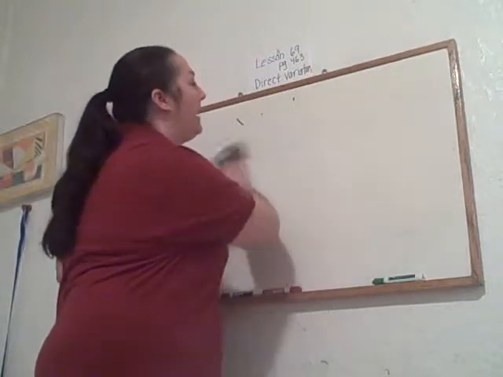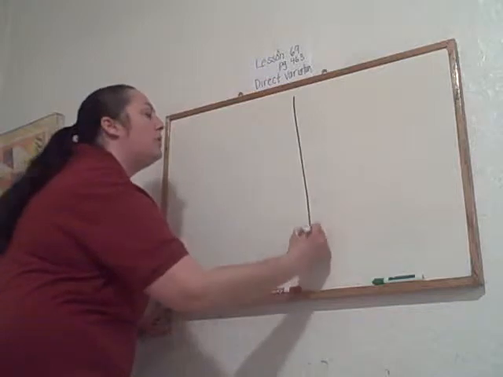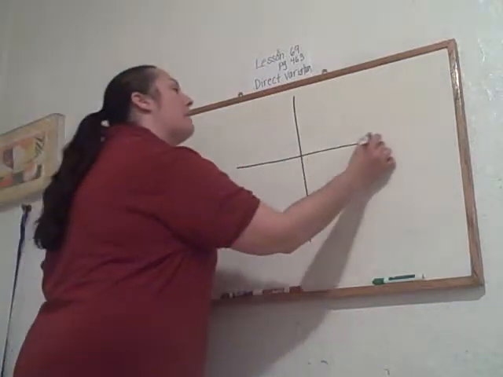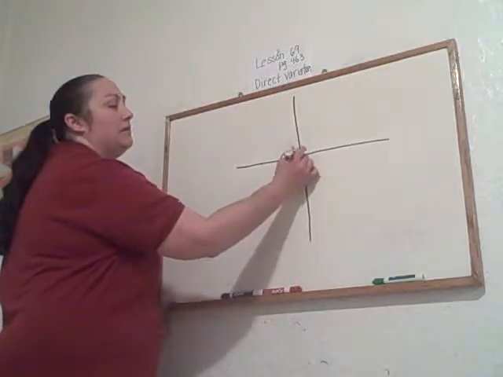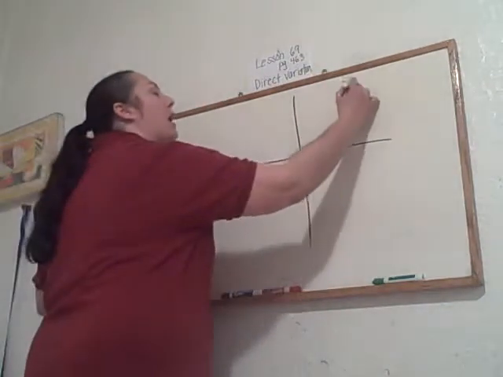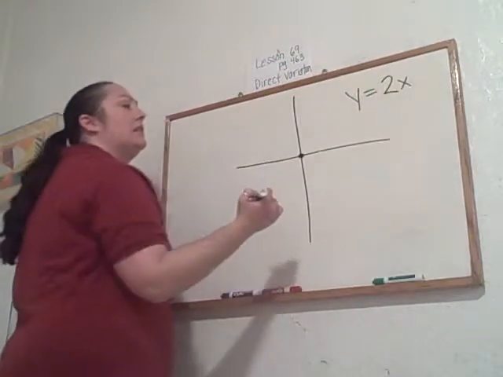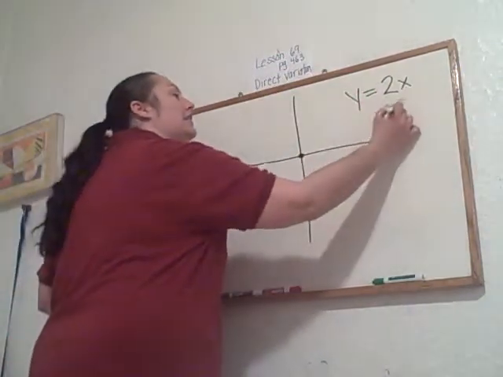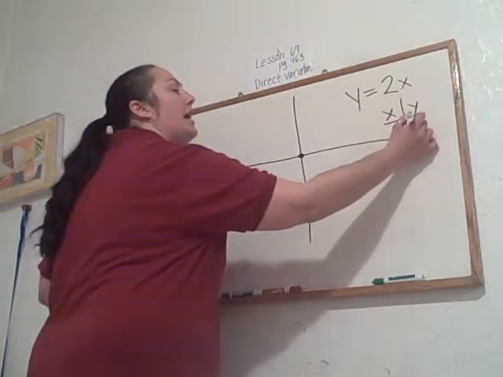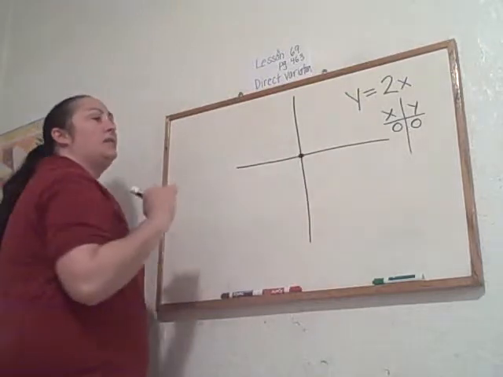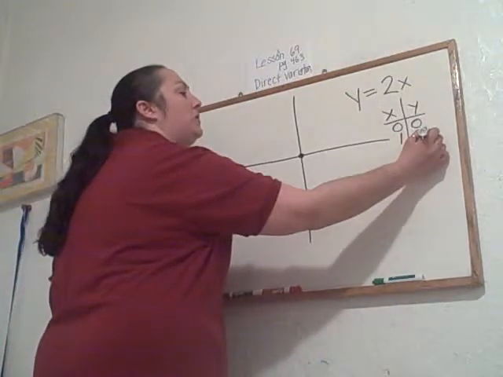When we're graphing a direct variation on our XY coordinate system, it's always going to start at the origin. Y equals 2x looks like this. If x equals 0, y equals 0, it's always going to go through the origin. If x equals 1, y equals 2.